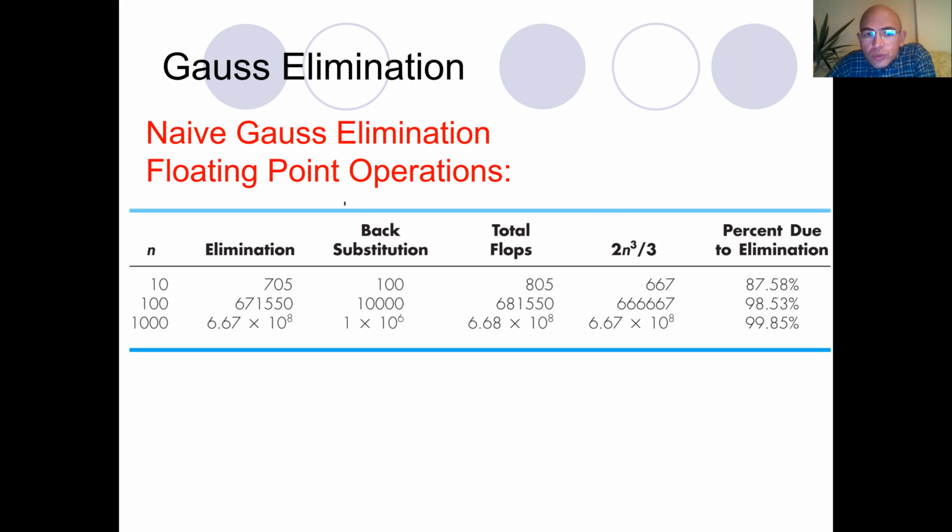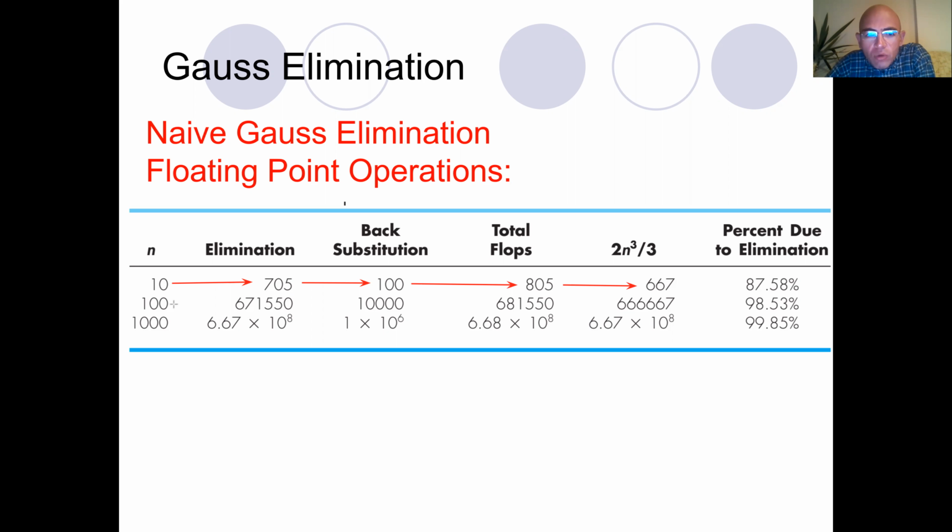So let's see, for example, when your equation has 10 unknowns, or in other words, if you have 10 linear equations, you have 805 operations in total, and the back substitution is 100. And certainly the calculation gives us 667, which means that 87.85% of the operations are due to the elimination.